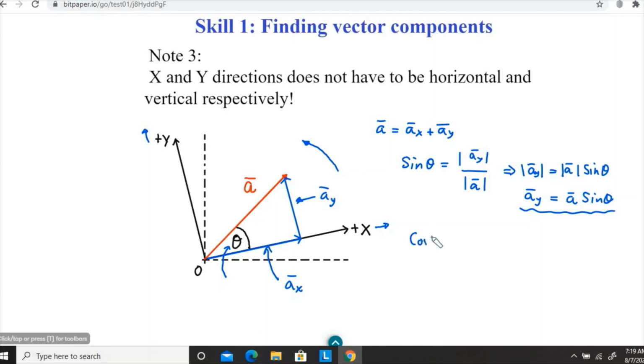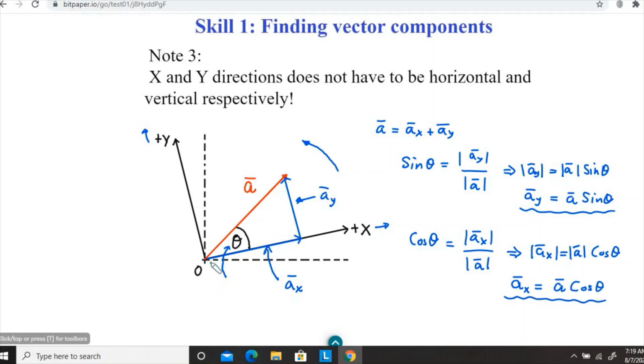Similarly, cosine theta is the magnitude of AX vector over magnitude of the A vector, and you are going to get that the magnitude of the AX vector is equal to magnitude of the A vector times cosine theta. And again, if you want to represent it simply as a vector, it would be vector A times cosine theta.